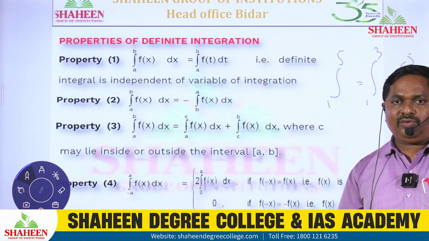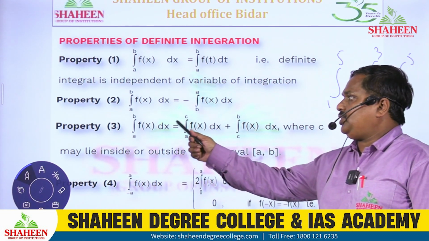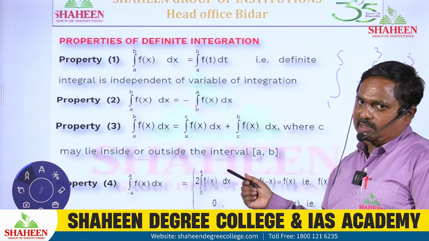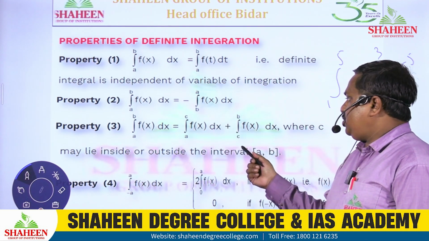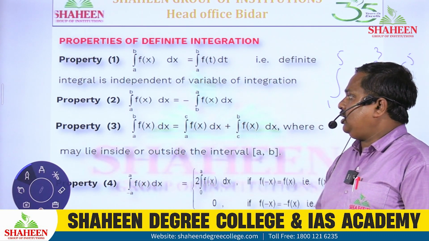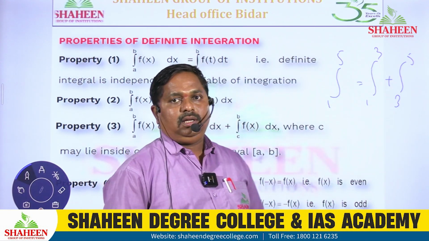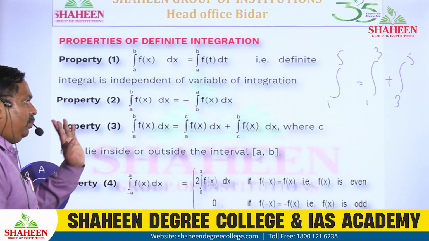Like this we can break the given integration as a sum of two integrals. But whatever c you are taking should be between the given interval a to b only.